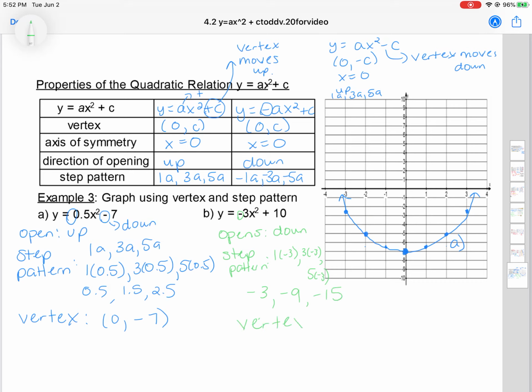And then the vertex is 0, and because that's positive, 10.